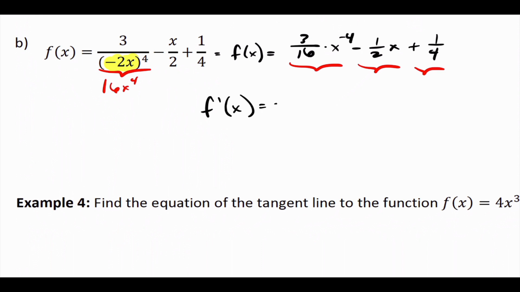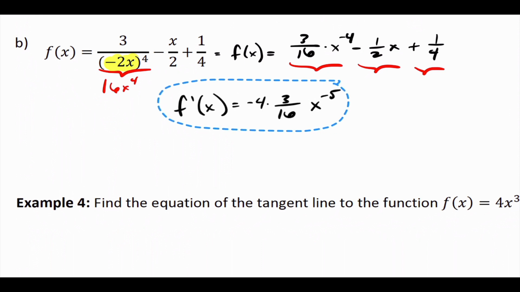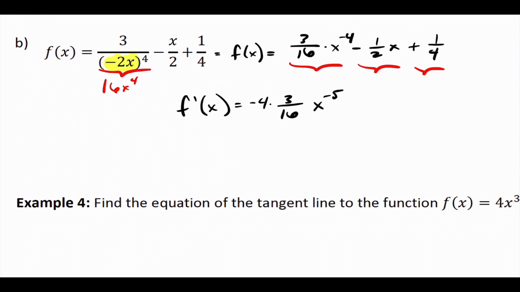So I move the -4 to the front times 3/16. Take away a power, it's x to the -5. For -1/2 x, well, it's just one power. So I move that to the front, and it would just be -1/2. And then 1/4 is just the constant. The derivative of any constant is just 0.